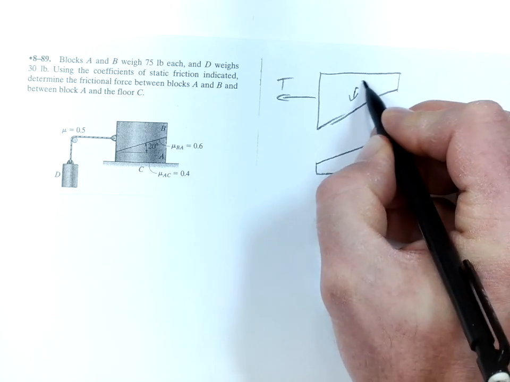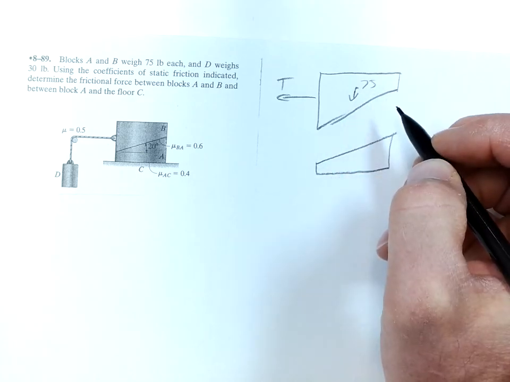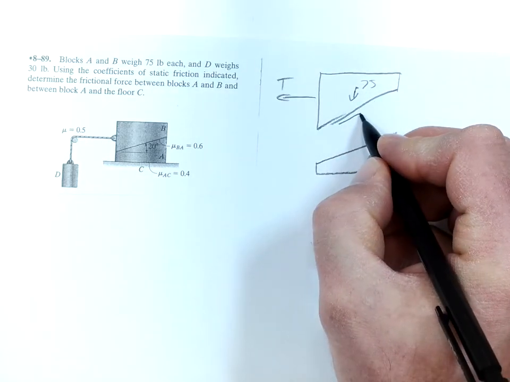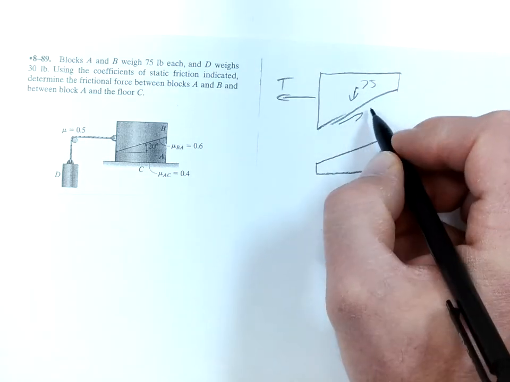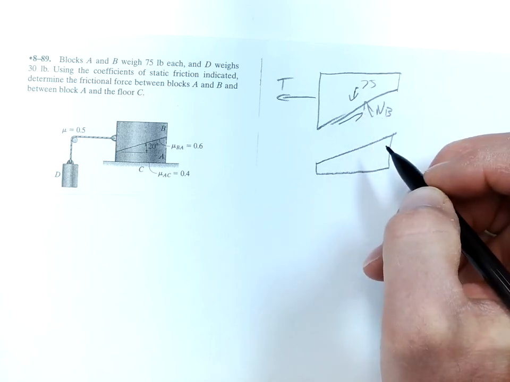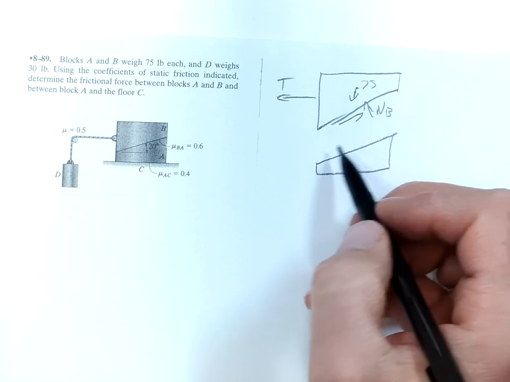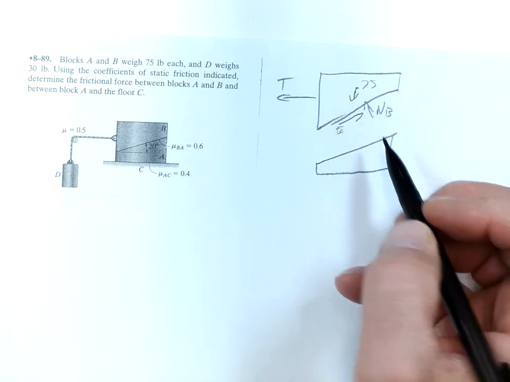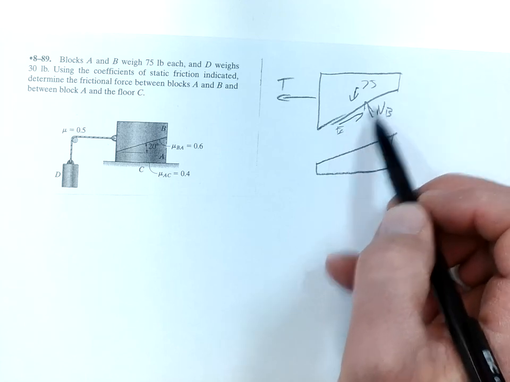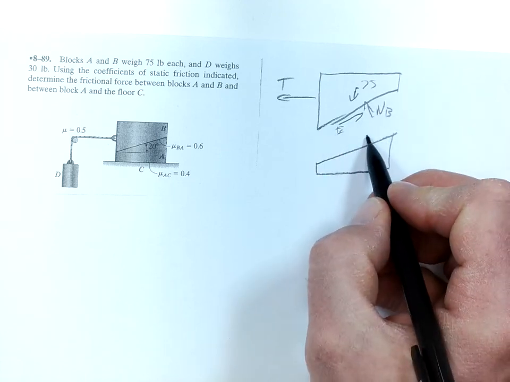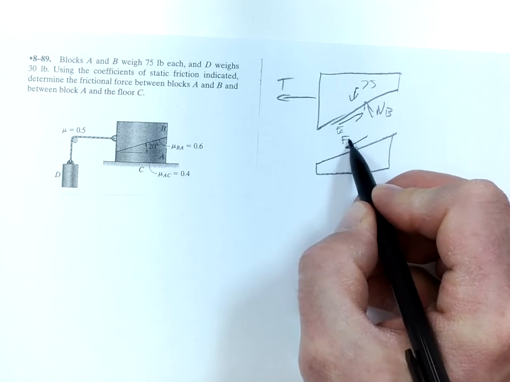We got 75 down, and that's pounds, so that is weight, that's mg. We got force of friction up, and we got the normal at B. Now this force of friction here is a reaction. We don't know that it's sliding, so therefore we'll have to put that as a variable. On this one we'll have a force of friction down.